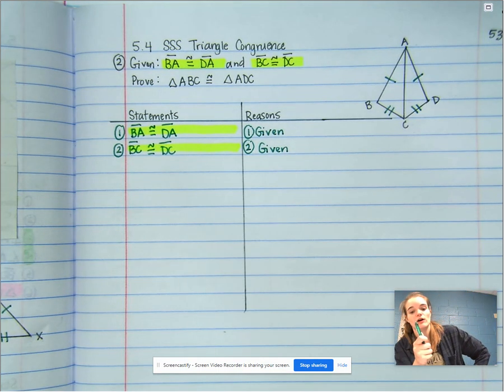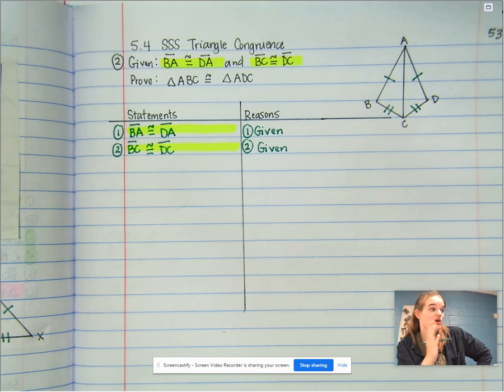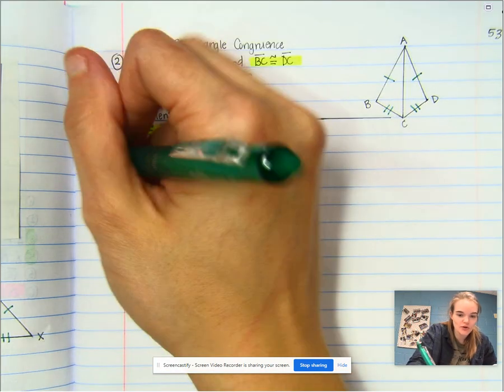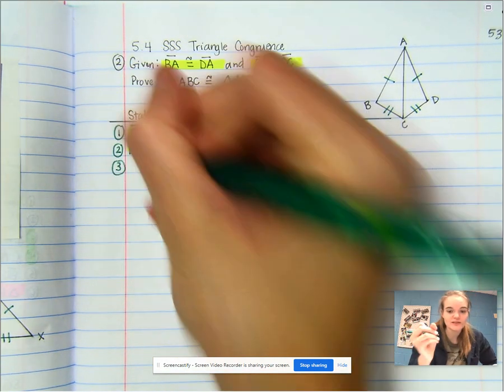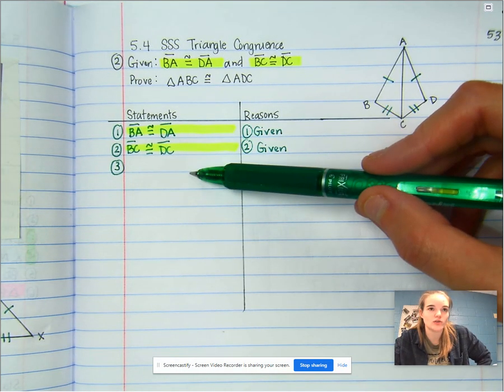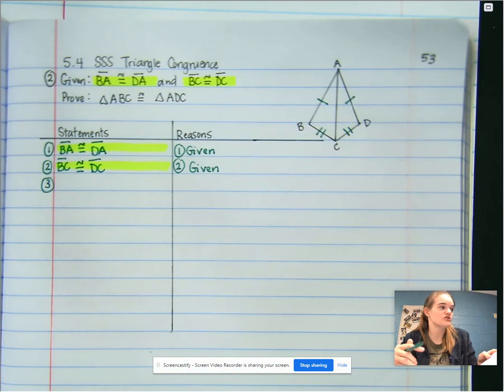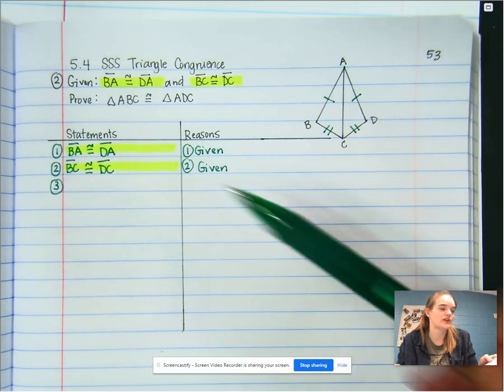All right, now here's one of the problems where order didn't matter at all. I could have put these in any order, even the third one that I'm fixing to write down. And the reason that I can do that is because you don't have to have this one before this one because you're using a definition of anything. They're just telling you, hey, here's 2 congruent segments.